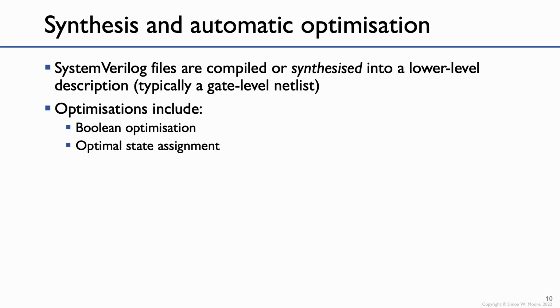The tools can also do things like optimal state assignment. So if you've used enumerations to represent state machines, then the tools are allowed to determine what binary values should represent those states, and that's another form of optimization. The other thing they can do are things like retiming for timing closure.